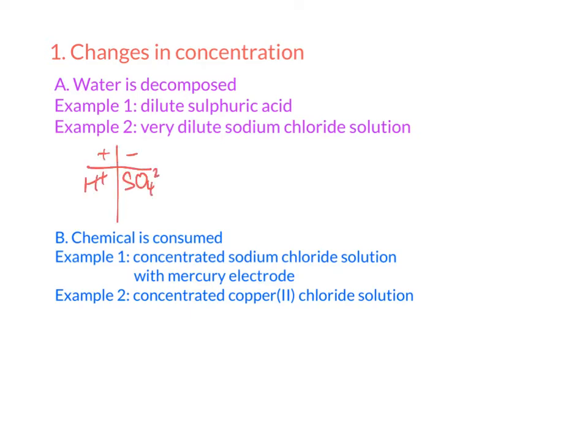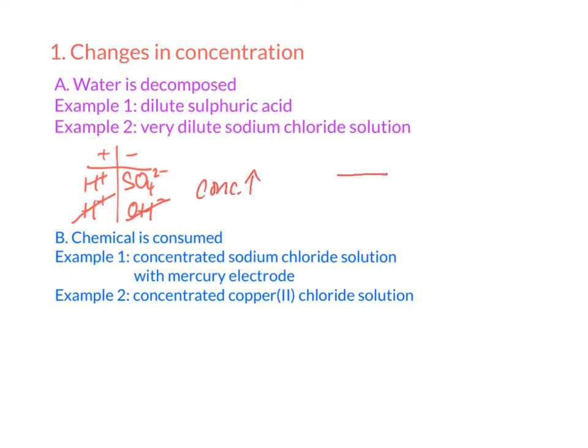We know that in the process, H plus will discharge, and hydroxide ion will also preferentially discharge because of its high position in ECS. So in this case, you find that water is consumed. Water is decomposed. So less water, the concentration will then be higher.